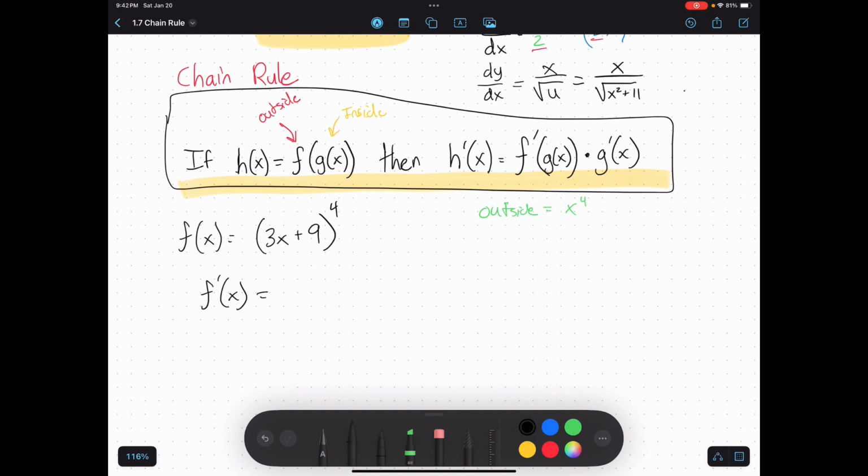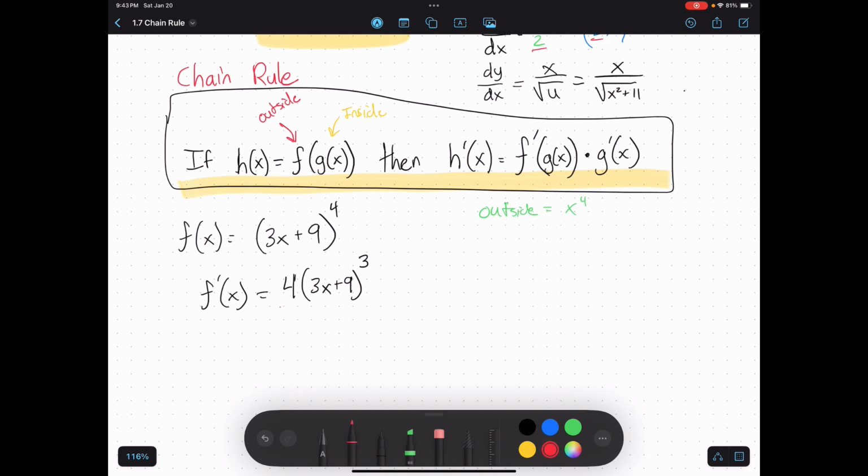Okay, so what does that give me? When I take the derivative of my outside function, I get 4x to the 3rd, but I don't want x plugged in. I want my original inside function plugged in. Look at that. Okay.